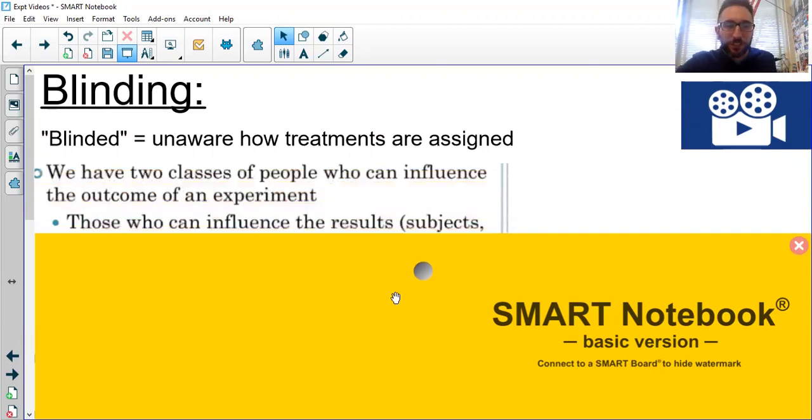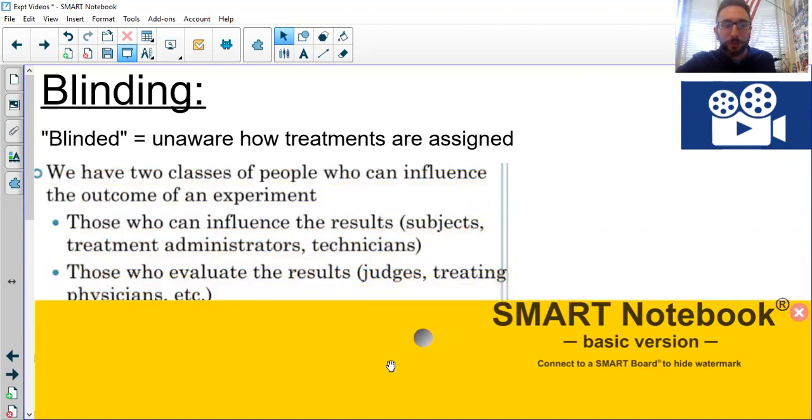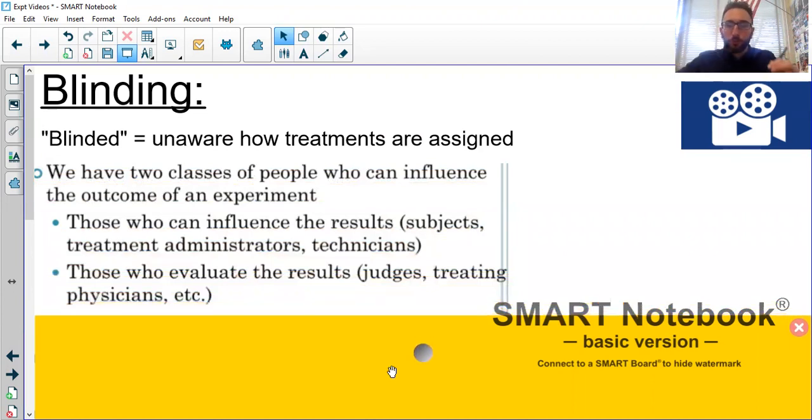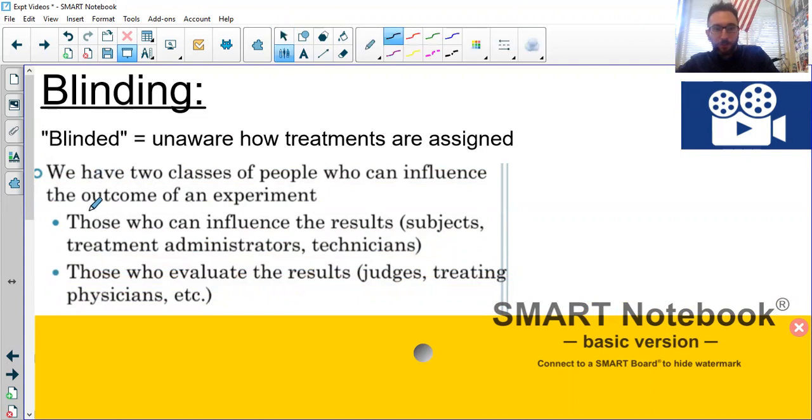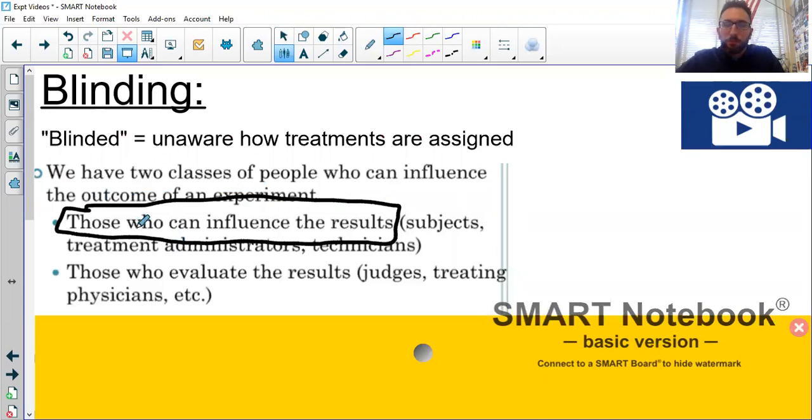So here we go. So when we think about an experiment, there are two groups of people that can influence the results of that experiment. So we've got the people who can influence the results, influence kind of what's going to happen. And that's most typically the subjects, the participants, the volunteers, the people in the study, or maybe the things or animals in the study.